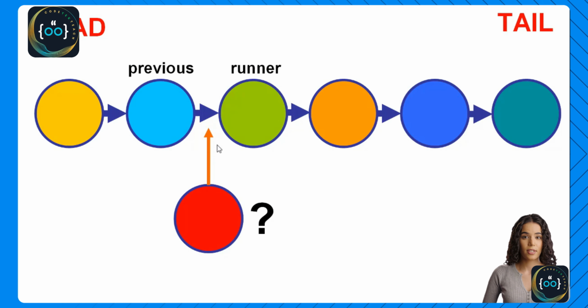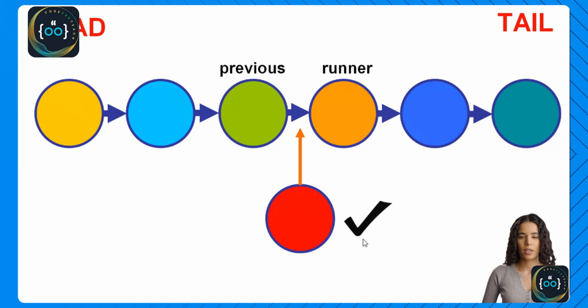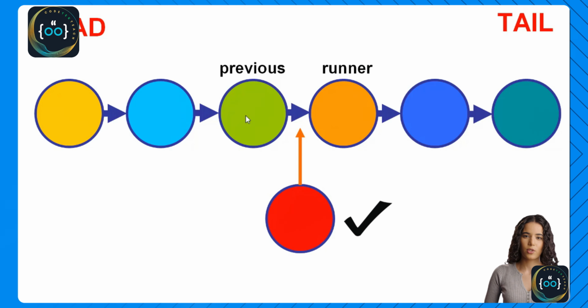If this is the right place for inserting the node, then we insert it right there. But if it doesn't, we keep checking, and we keep updating the previous and the runner nodes. Once we find the right location where that node meets the criteria, for example in our case, if this node has a value that is greater than this node, and this node has a value that is less than this node, okay?